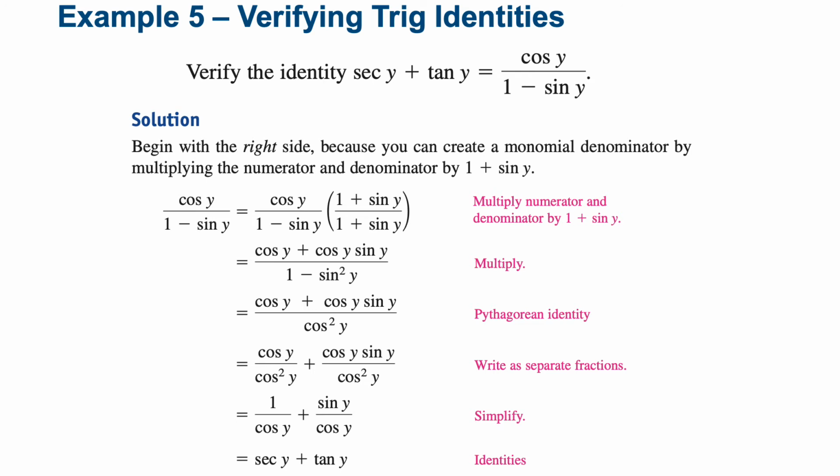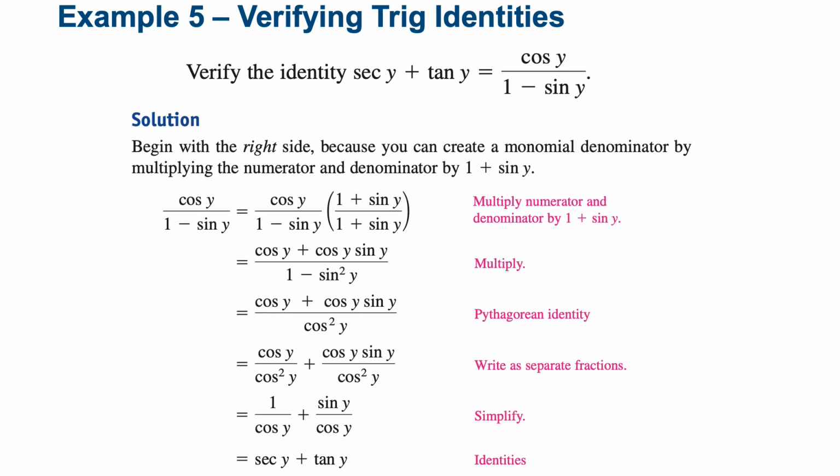And then on the top, if we distribute, we get cosine of y plus cosine y sine y. Okay, and then 1 minus sine squared y is just cosine squared y. So we write that down, and you get the same thing on the top. Then let's split them up into two fractions. We get cosine y over cosine squared y plus cosine y sine y over cosine squared y.